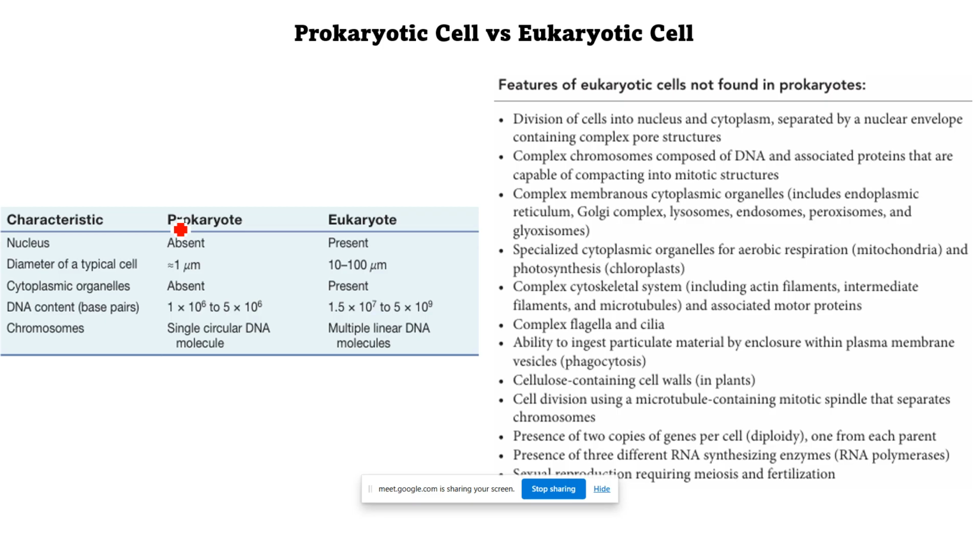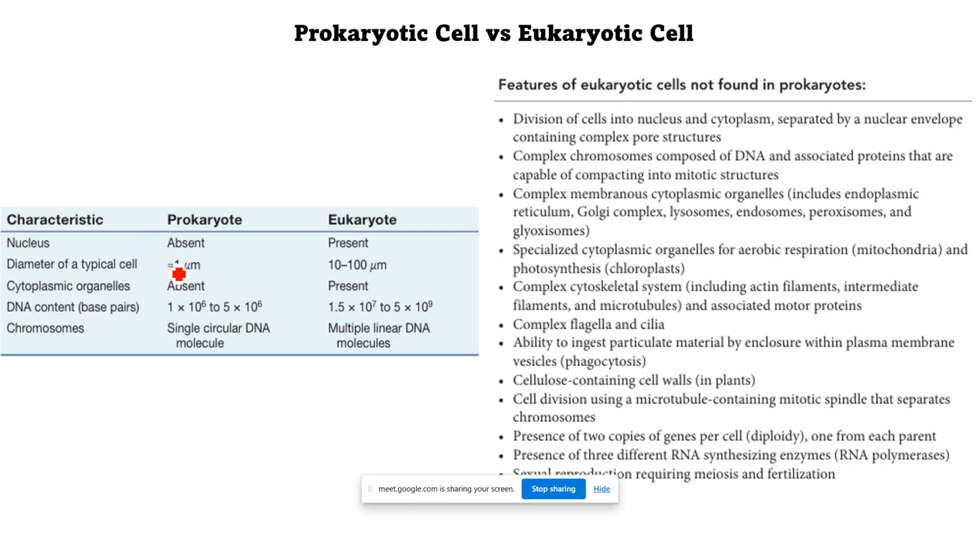But prokaryotes do not have such a structure. The DNA or the genome of a bacterium is freely lying in the cytoplasm, right? Does anyone have any doubt? So, nucleus absent in prokaryotes, present in eukaryotes.